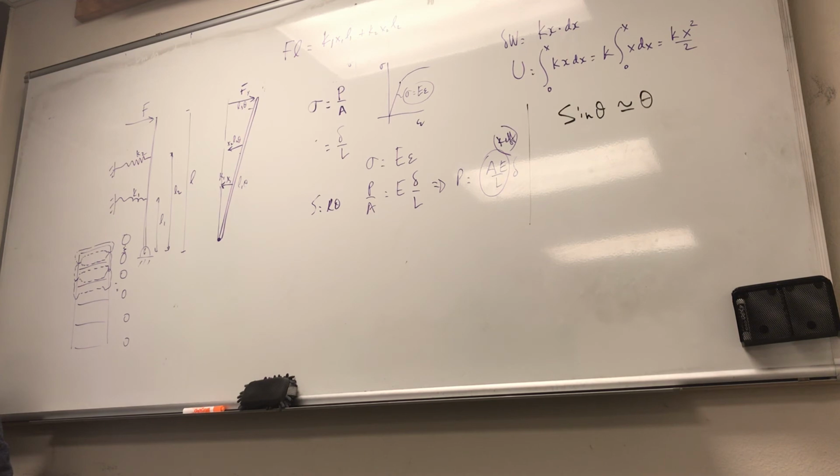It's a column. Remember what we said earlier, a column is like a spring. That rod, P-A-E over L, whatever that is, that could be a spring here and a spring there. They are in parallel, which could be an equivalent spring like that in the middle. You see, you go from something really complex to something really simple, if you will, right?